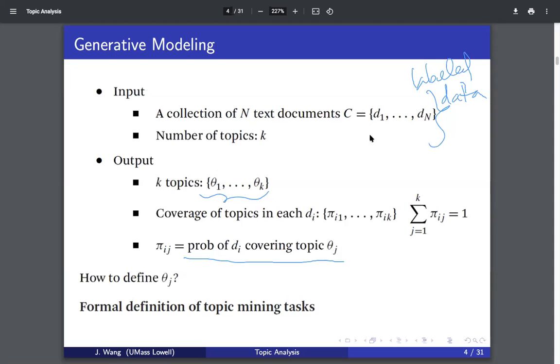Since this is a distribution, you add them up and it equals 1 for each document i. Some of them may be 0, but no matter what, when you sum them up, it should equal 1. That's what we want to find.